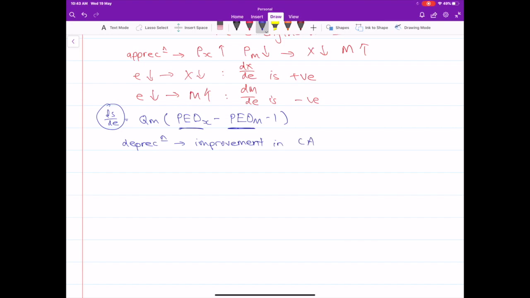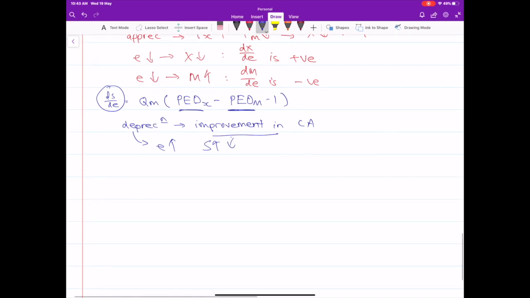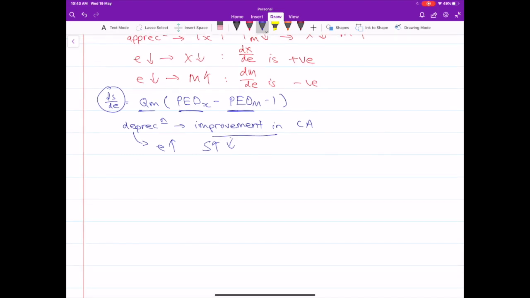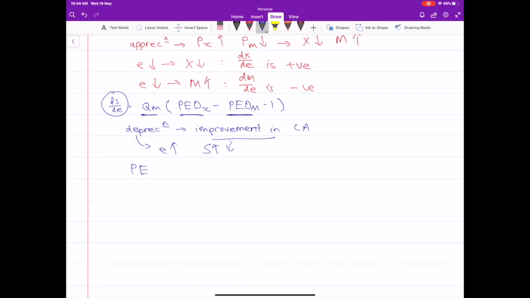Thus, depreciation means that E will rise, and improvement here means that S will rise, and we want dS/dE to be a positive value. And since Qm here can be a non-negative constant, we just have to focus on the sign of PDX minus PDM minus 1, and we want it to be positive.